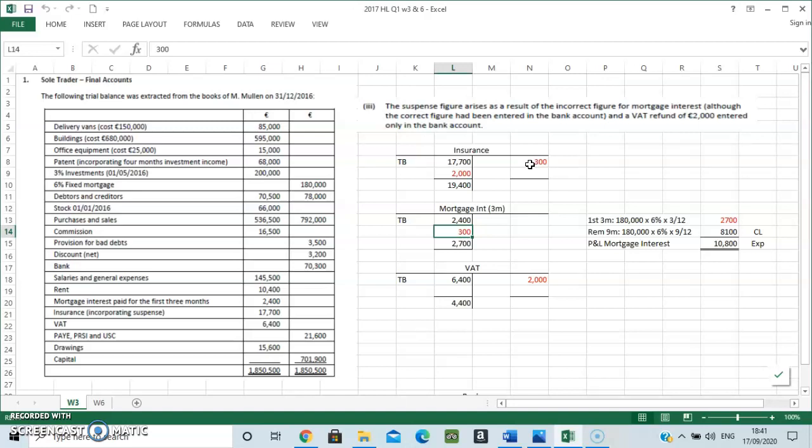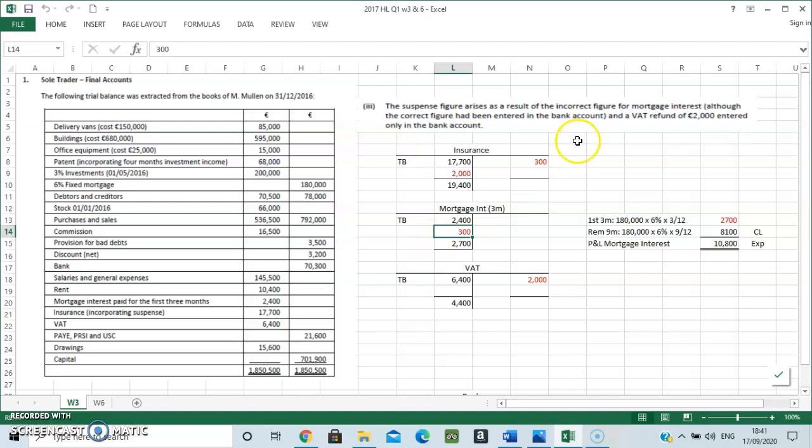Now, the second correction, well, here is our VAT. Now, it's quite unusual in this situation, but VAT is a debit balance at the start. That means that VAT is a current asset. The government owe us 6,400 because of some refund that we might be due.